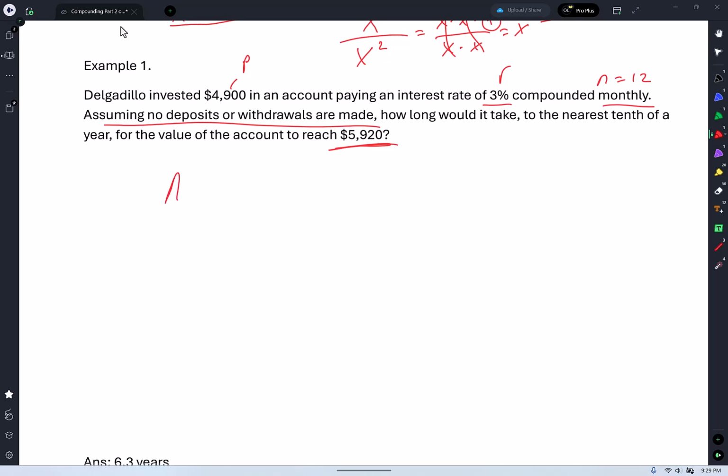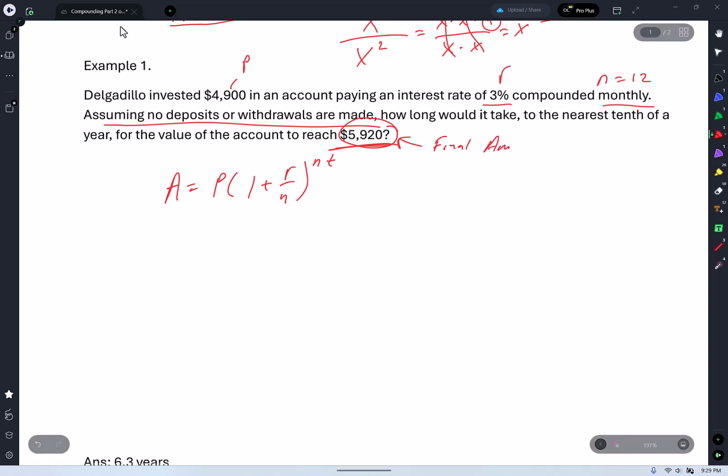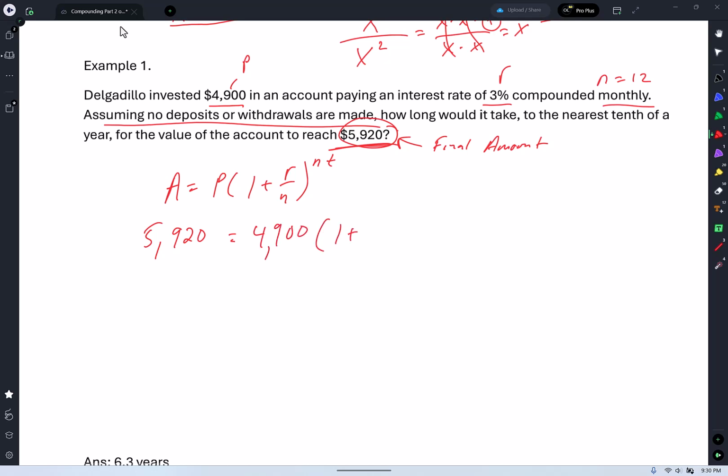So this is going to be using A equals P times (1 plus r over n) raised to the power nt. That's the one we're going to use. And this 5,920, that's the final amount that we want. So here we go. 5,920 equals, and the principal amount is 4,900, times (1 plus the rate, 3%, which is 0.03.